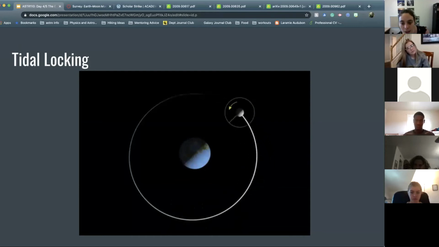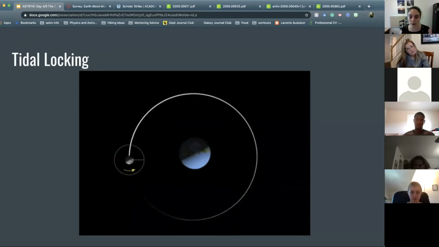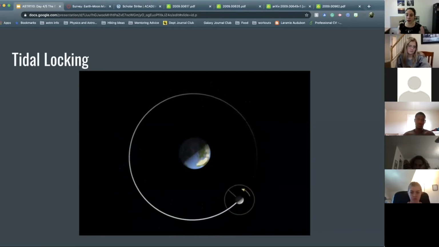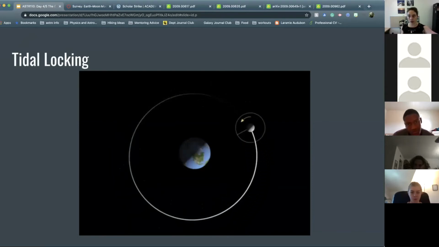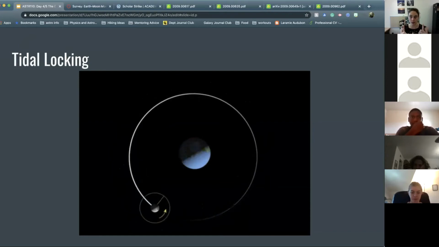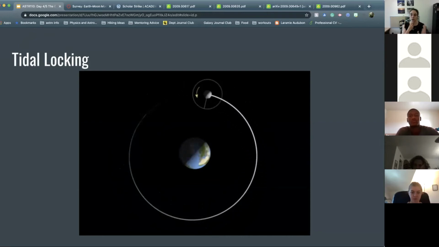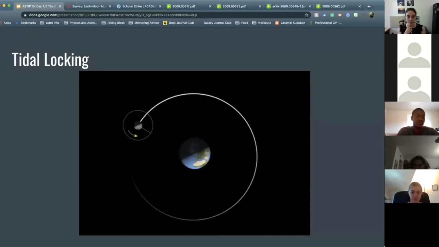On this image, this little stick is like a flag we put on one part of the moon, and as it rotates around, that flag is always pointed towards Earth, because one orbital period and one rotational period on the moon are the same, because it is tidally locked. So it has been slowly slowed down by the force from the tides over time.